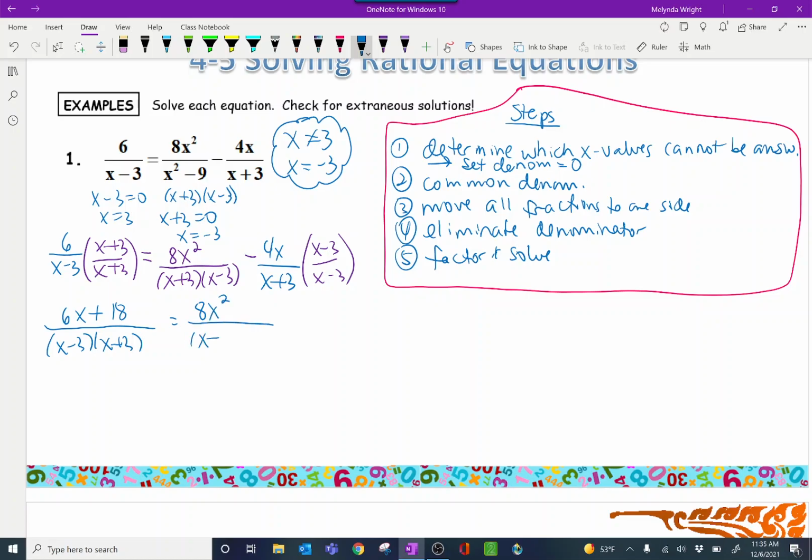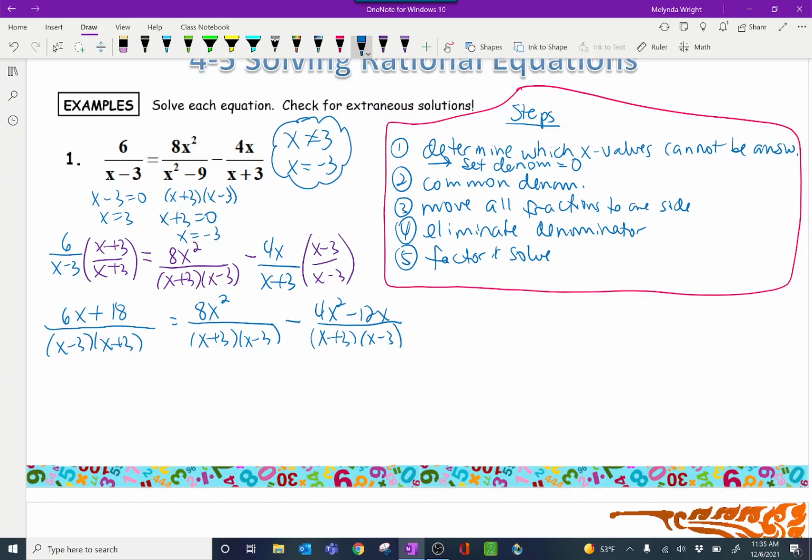Yay, it's already good. Then I'm going to subtract, let's see, I'm going to distribute the 4x, so I've got 4x squared minus 12x over my x plus 3, x minus 3. Okay, step two is done.